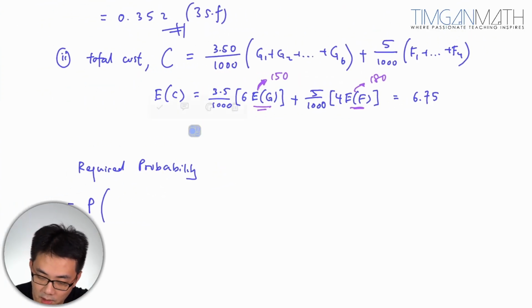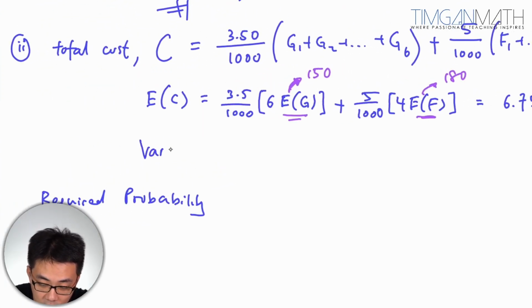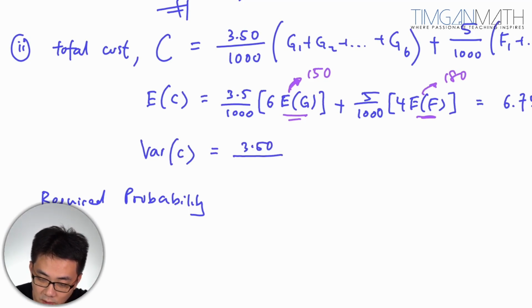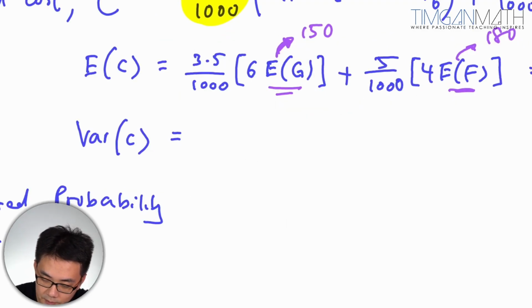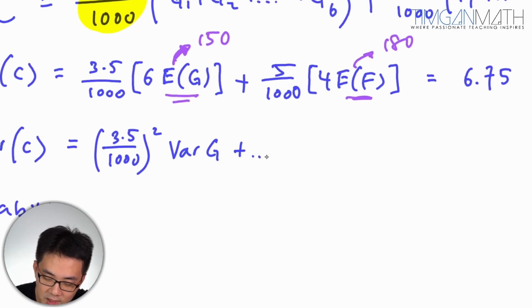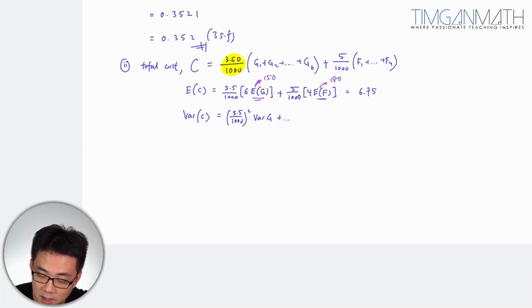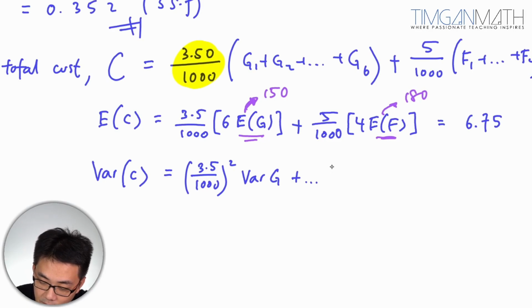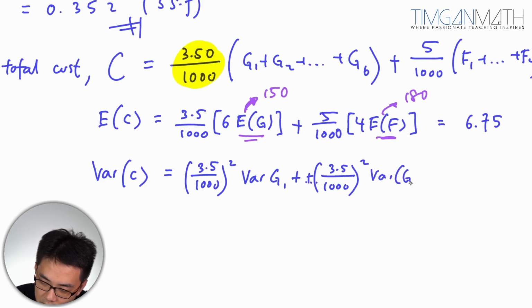Alright, then variance is the one which students sometimes have a problem with. This will be 3.5 over 1000 squared, because of this constant here. Just remember you need to square the constant. The coefficient needs to be squared. Variance of G1, you basically do it 6 times, up to variance of G6.